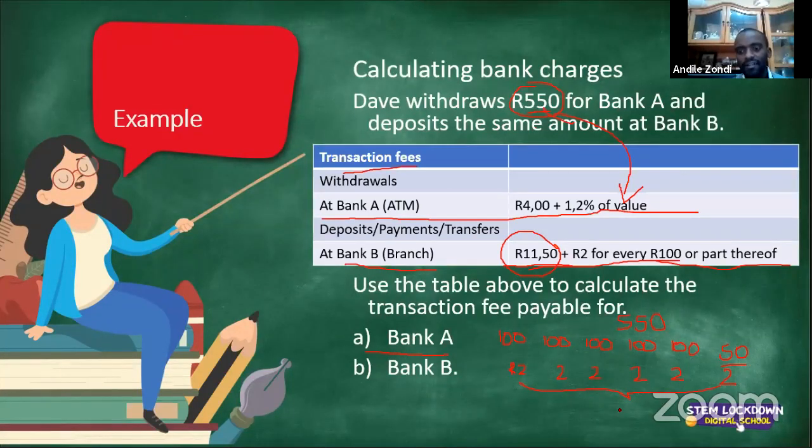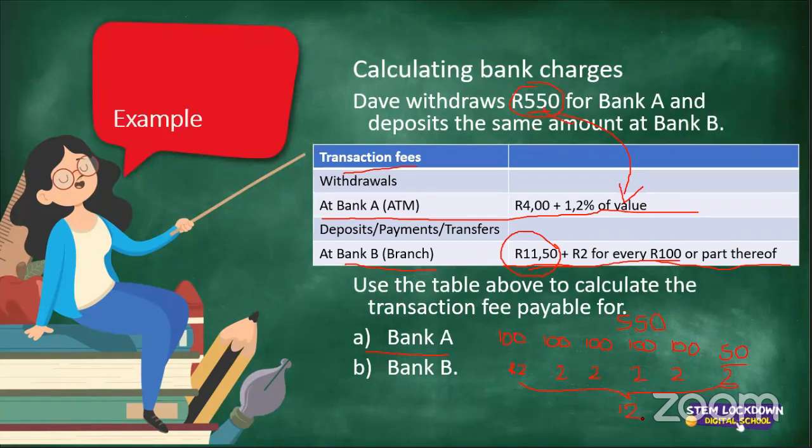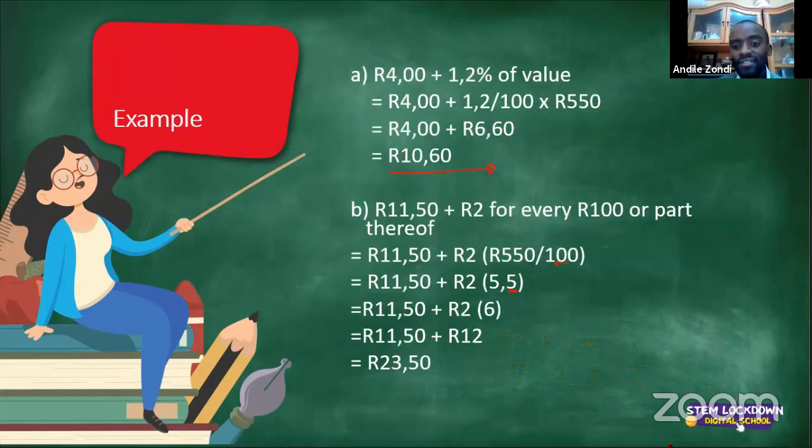Okay. Minhle, hi Minhle. Host, please unmute Minhle. Hi Minhle. Hello, sir. Sir, I wanted to ask, can you also say 5 rand 50? No, unfortunately, you can't say 5 rand 50 because of this statement.